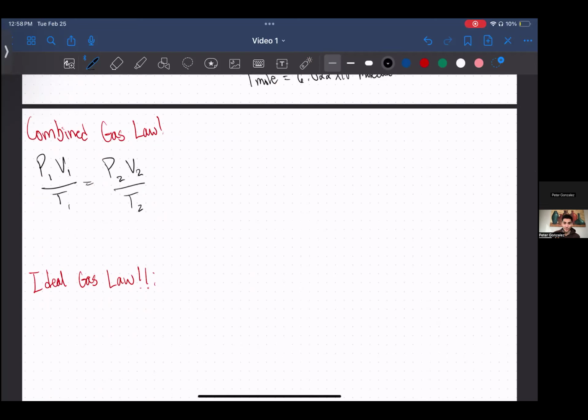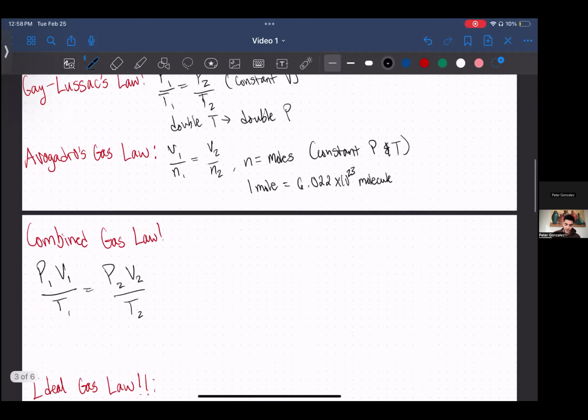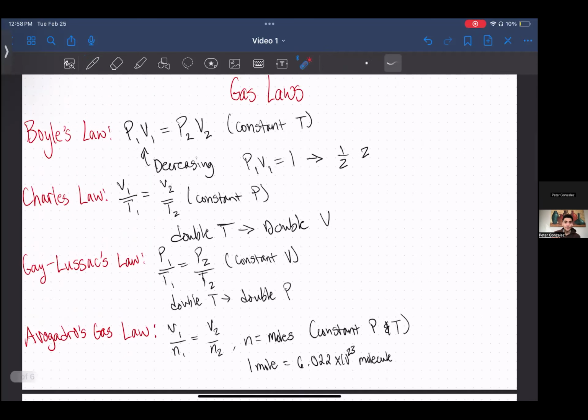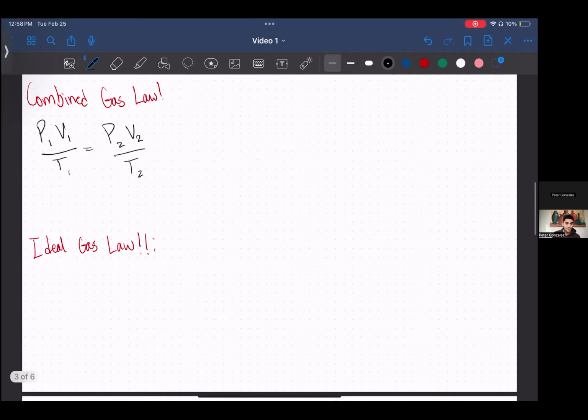What don't you see in this equation that we saw previously? When we looked at all these equations, you had pressure, volume, temperature, and eventually moles in the last equation. Of those four, which is not present in the combined gas law? It's moles. You don't see n present. Because there's no n in the equation, you have a constant number of moles.